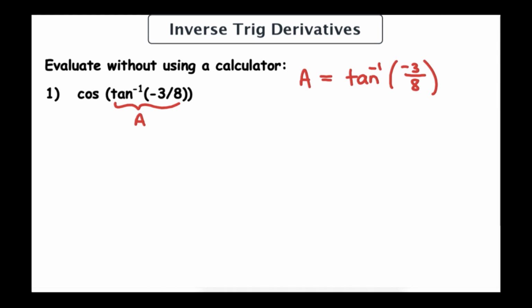All right, from what we learned in pre-calc, and even in Algebra 2, if you want to get rid of this little irritating -1 inverse symbol, and who wouldn't want to get rid of it, you can, just by switching the x's and y's around. Except that we don't have x's and y's, we have a negative 3/8 and an A. But hey, same deal. Switch spots and it becomes a regular tangent. So the A goes to the right, the negative 3/8 goes to the left.